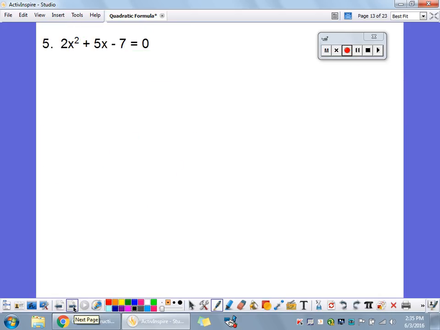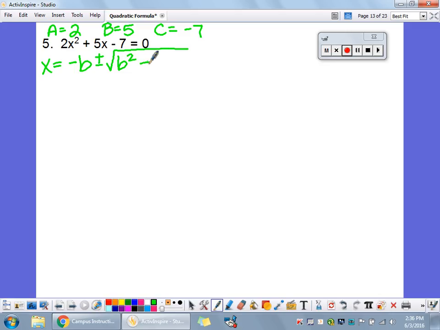Alright, for the next one, again, we want to identify what A, B, and C are. A is the coefficient on x squared, B is the coefficient on x, and C is our constant. Okay, so again, x equals opposite of B plus or minus the square root of B squared minus 4 times A times C, and the whole side is over 2 times A. Okay, so now we're just going to start substituting.